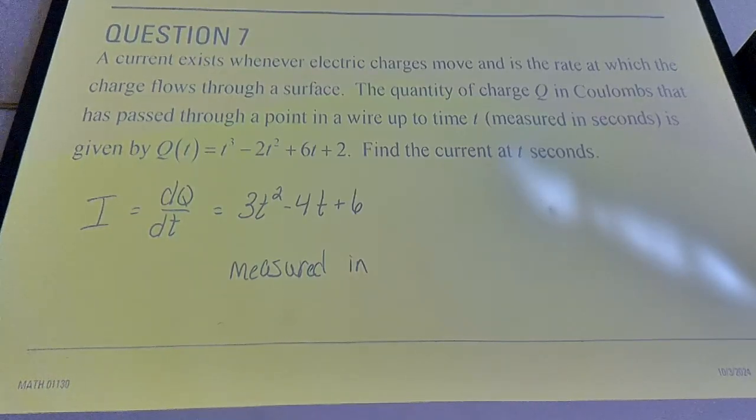Just like the Newton is technically kilograms meters per second squared, but we give it a special name, the Newton. We give coulomb per second a name. Is it watt or amp, something you've heard of before?